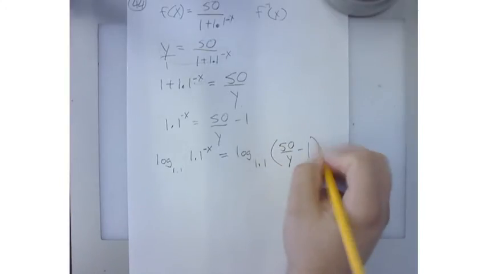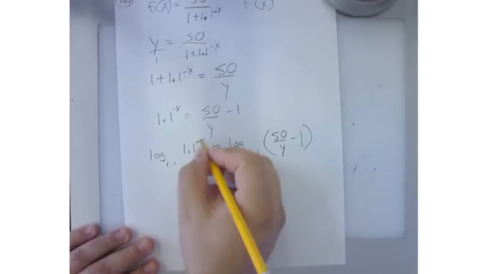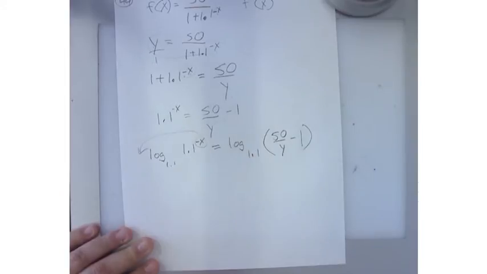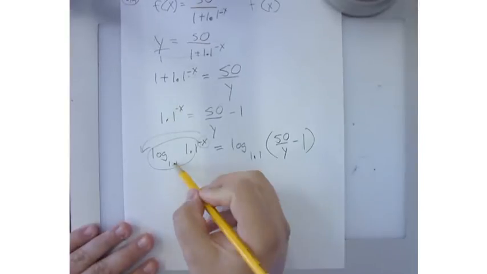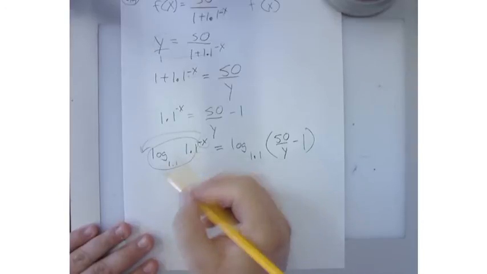And we'll deal with that in a second. So that's easy. So now what I could do is toss this to the front, and then remember this stuff right here is going to equal 1, right? You guys remember that? When the base is equal to this, it's always going to equal 1.